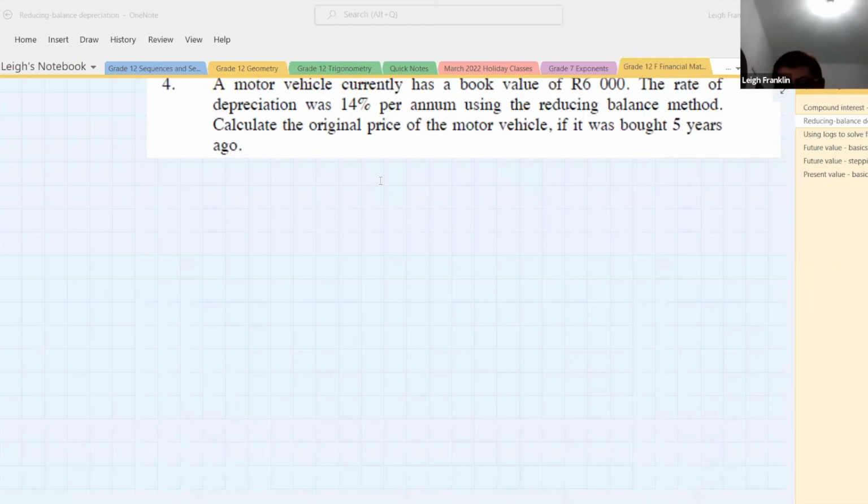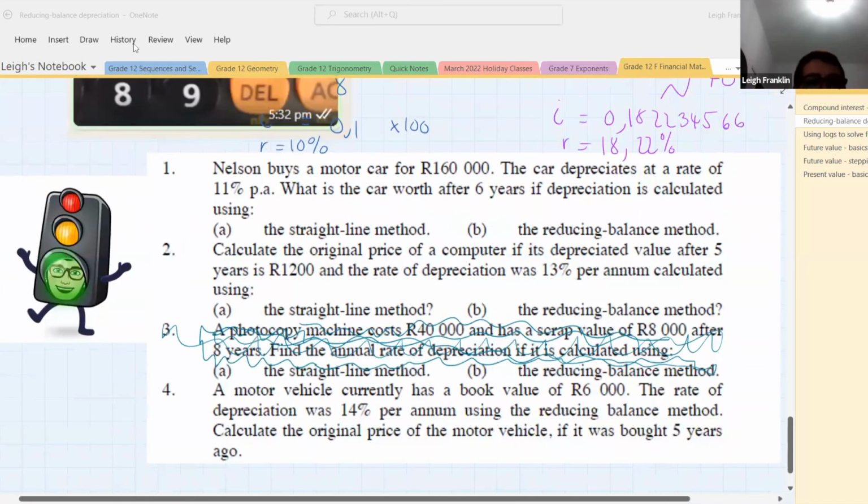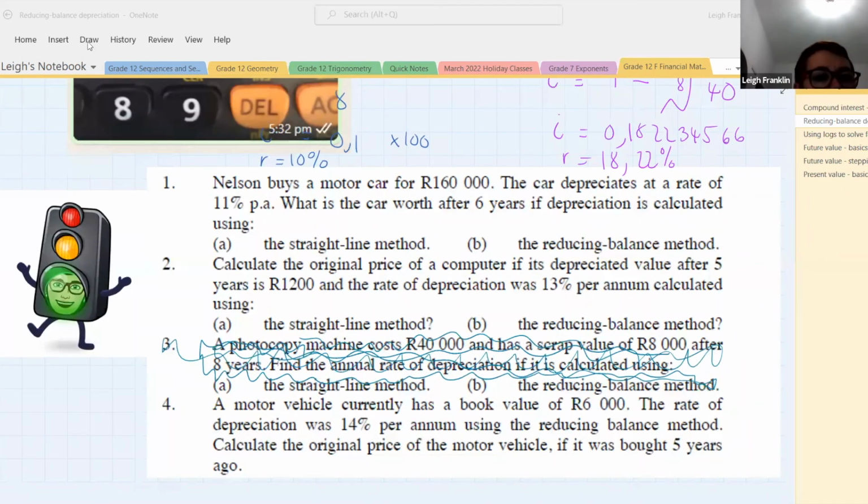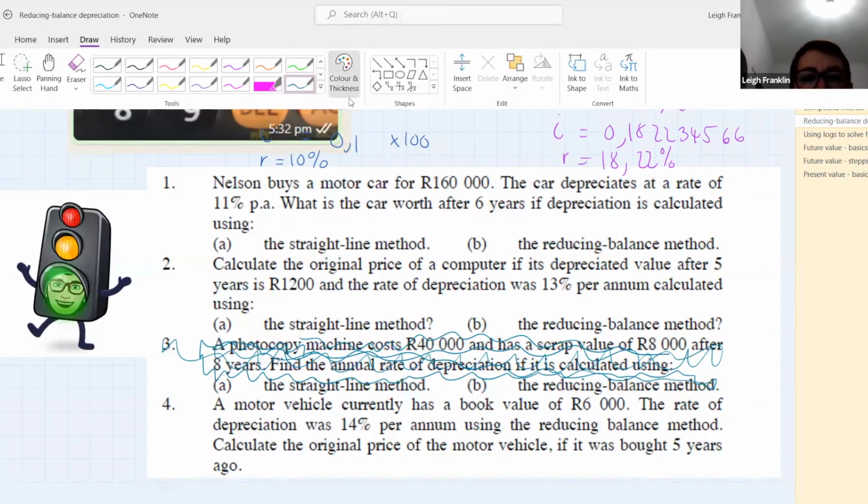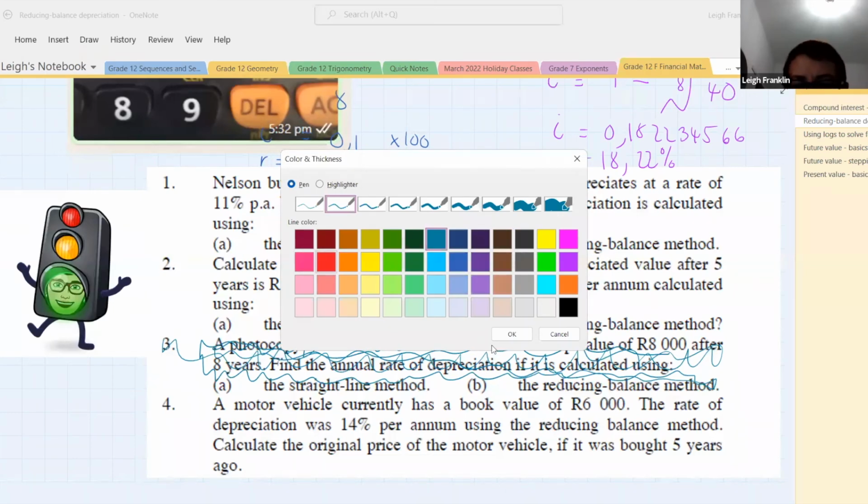I do have an entire lesson prepared on this, but maybe what we should do, hang on a second, before we do that, Melissa, I'm just going to write the answers up here so that everybody has got access to them. Maybe that's the best thing to do before moving on.